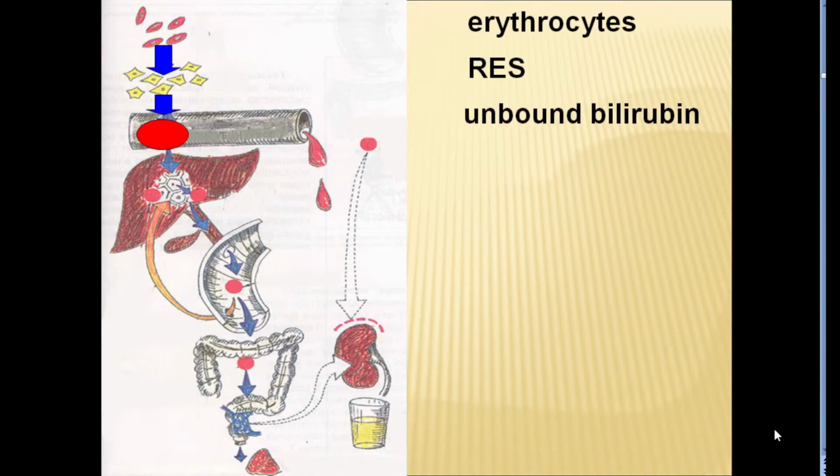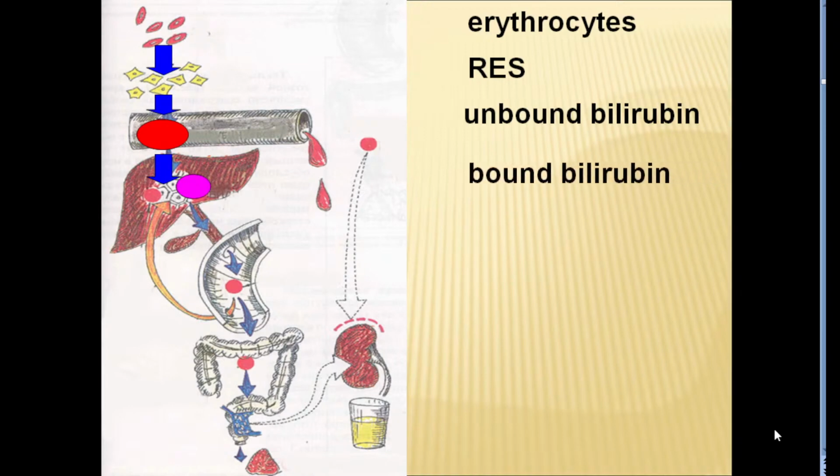Unbound bilirubin is not water soluble. It cannot pass through the kidney and can be revealed only in the blood. Unbound bilirubin with transport protein goes into the liver where, due to activity of glucuronic acid, it's conjugated.